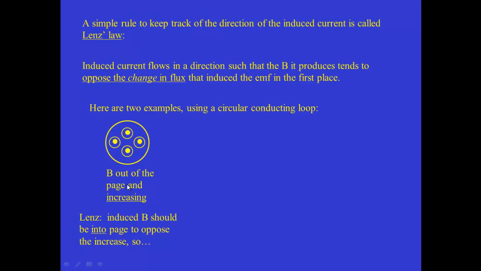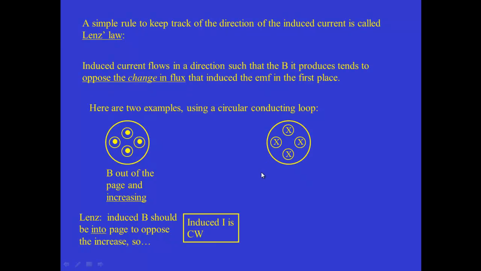And now, using the right-hand rule, in order for there to be an induced magnetic field into the page, that must arise from an induced current that flows clockwise around this loop. So the induced current in the loop is clockwise. Take a few minutes to digest that and make sure that you understand the reasoning.